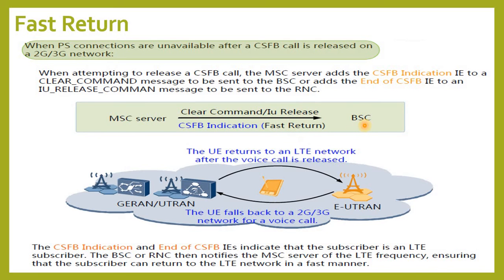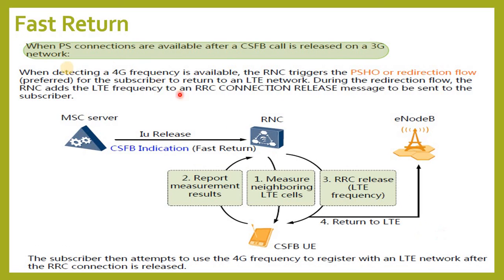So whenever the RNC or BSC receives this information element, then it considers that this subscriber is basically a 4G subscriber or a CSFB subscriber, and the BSC and RNC should take action to move this subscriber back to the 4G network. So in this way, it can differentiate a CSFB subscriber.